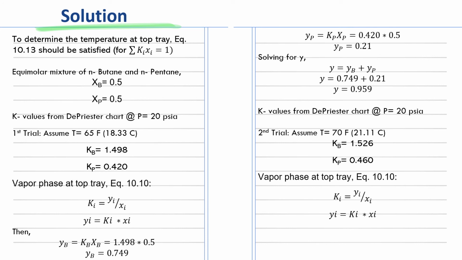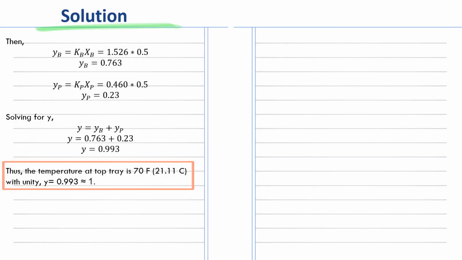By doing the same process from trial 1, we obtain vapor phase values of 0.763 and 0.23 respectively. Summing these values, we get Y equal to 0.993, which is close enough to 1. Thus, we can say the temperature at the top tray is 70 Fahrenheit or 21.11 Celsius.